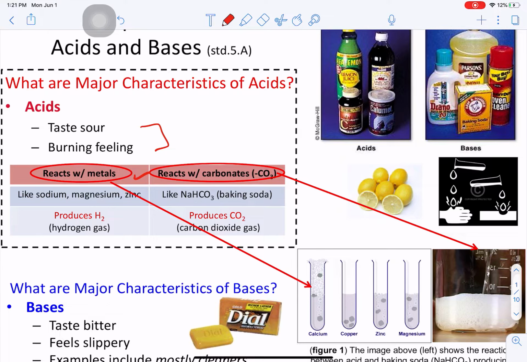Now, what happens when you react an acid with any sort of carbonate, like baking soda, that's sodium bicarbonate, right? What happens there? Well, any carbonate that reacts with an acid produces CO2. Metal produces H2 gas, carbonate produces CO2 gas.